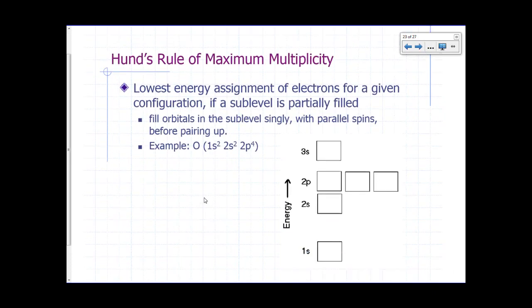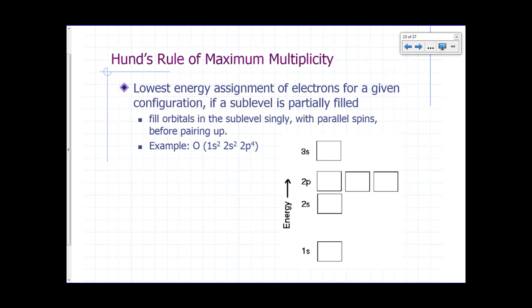Now, Hund's rule of maximum multiplicity says that you can get the lowest energy assignment of electrons if you fill the sublevel singly first with parallel spins before pairing them up. In other words, remember we said there are going to be more than one way of distributing the electrons of a partially filled subshell.